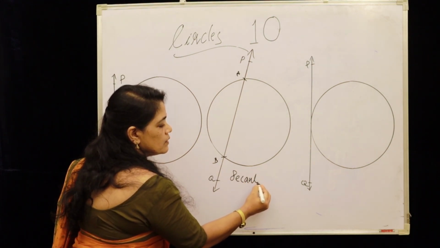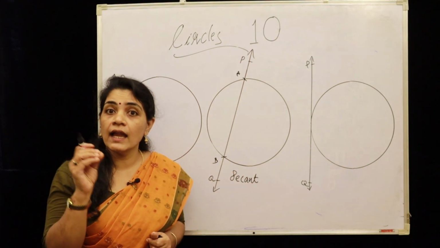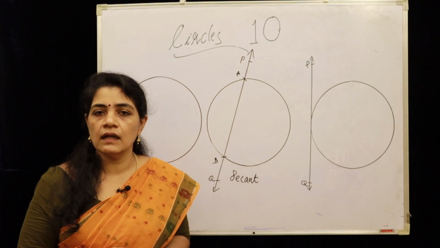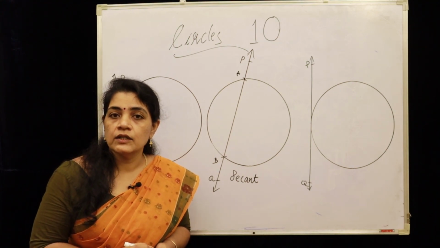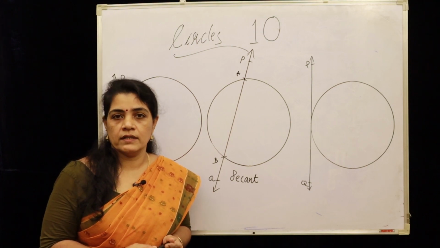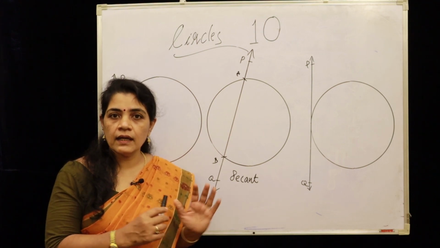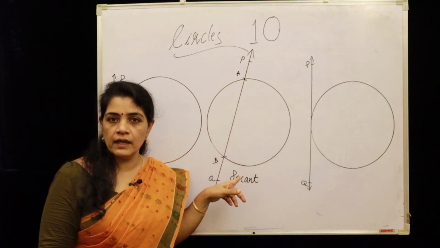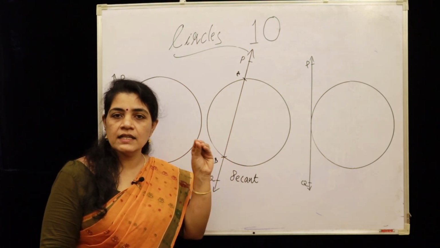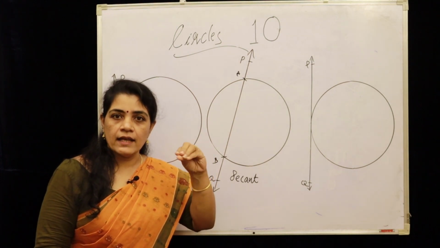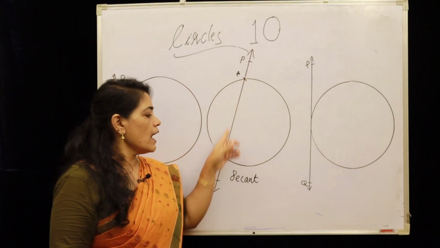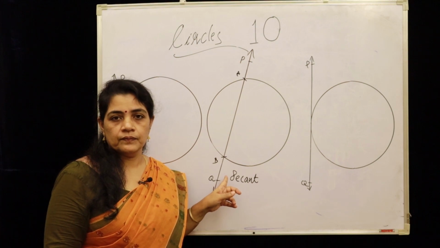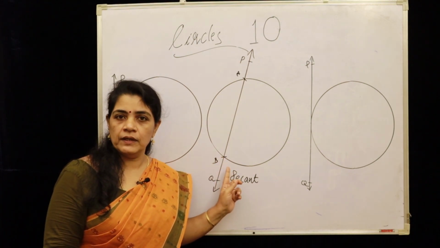So, what is a secant? It's a line which intersects the circle at exactly two distinct points. Here, those two points are A and B. That means A is a point on the circle as well as a point on the line PQ. The same way, the point B.